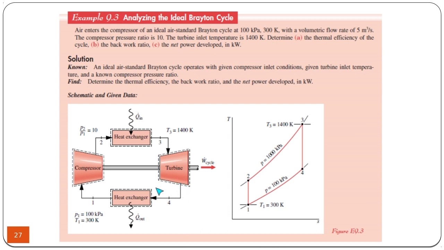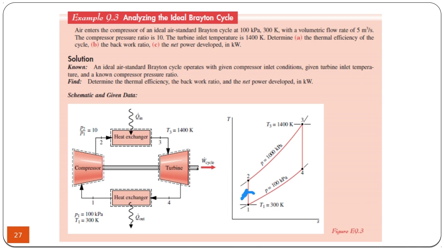And also, instead of a combustion chamber, we have another heat exchanger at which we add heat to represent the combustion heat. As you can see, in the compressor, we have an isentropic compression.